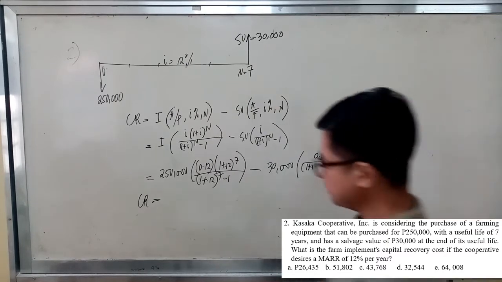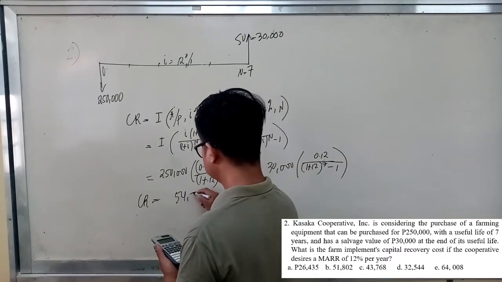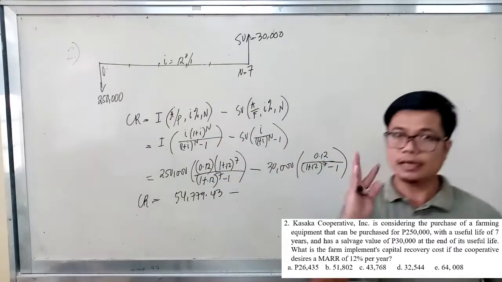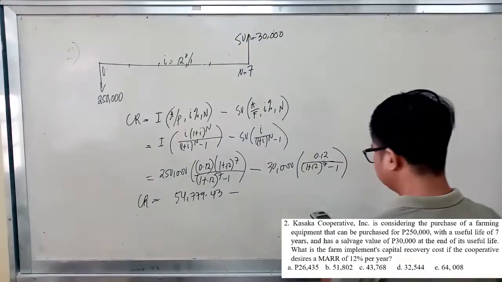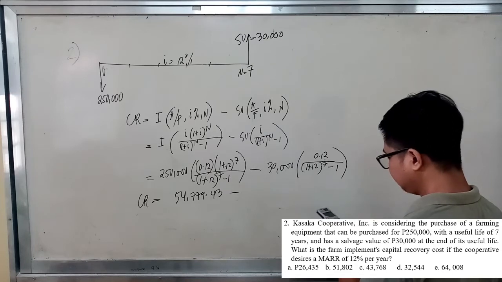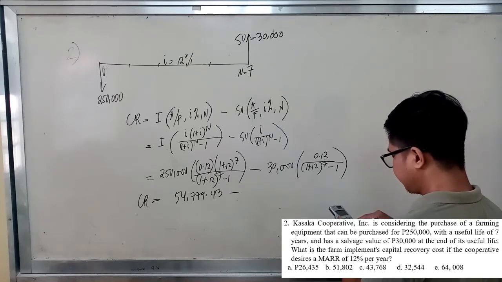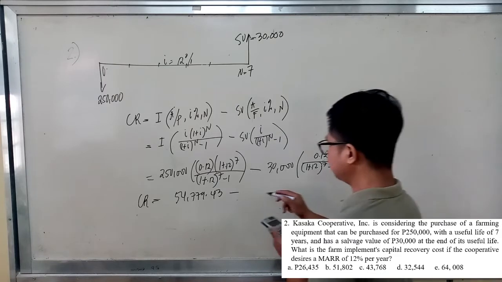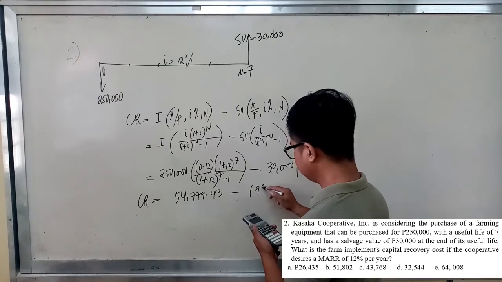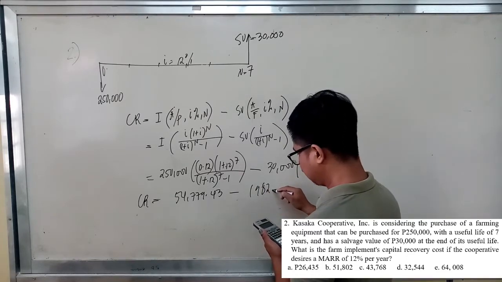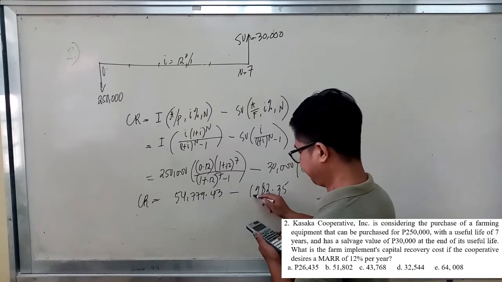So this is 54,779.43 minus, sana lalabas sa choices ng ating answer. Divided by 1.12 raised to 7 less 1 multiplied by 30,000. So this is 1,982.35. Okay?